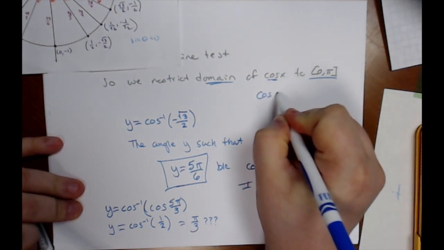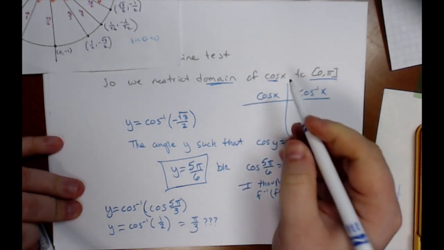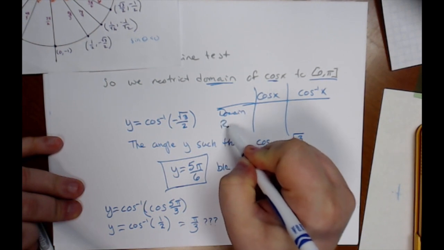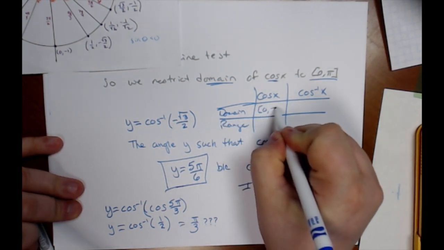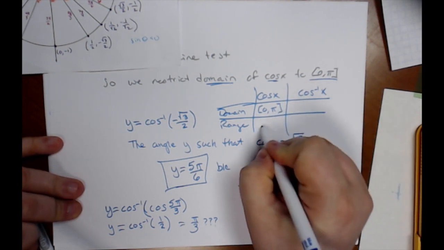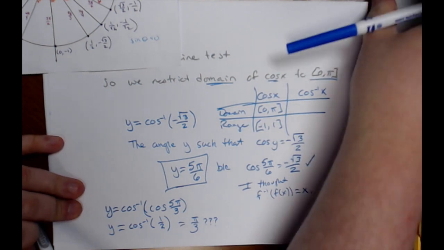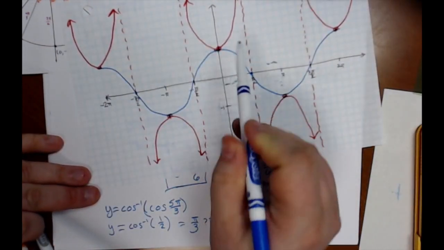So cos x, arc cos of x, domain and range. Our domain became 0 to pi, and our range became -1 to 1. Right? Because from here to here, -1 up to 1.